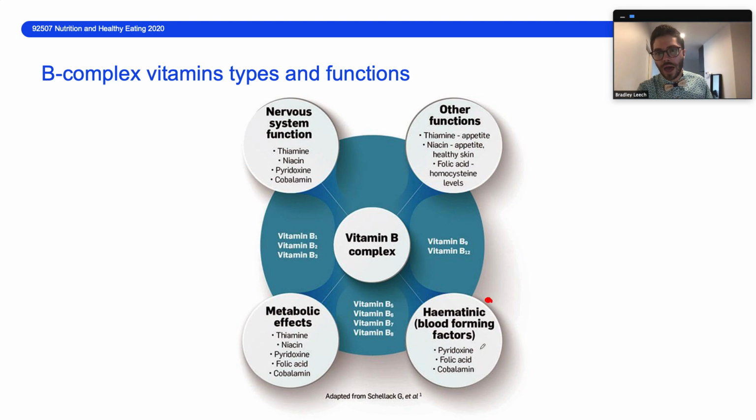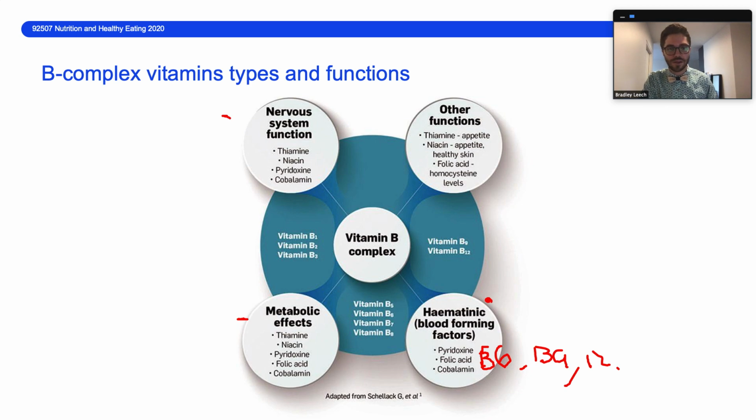You've got things like B6, folic acid, that's B9, and then we've also got B12. All of these B vitamins will actually support with red blood cell formation. Other B vitamins support with nervous system function and metabolic health. One of the major functions of these B vitamins is to support with energy production.